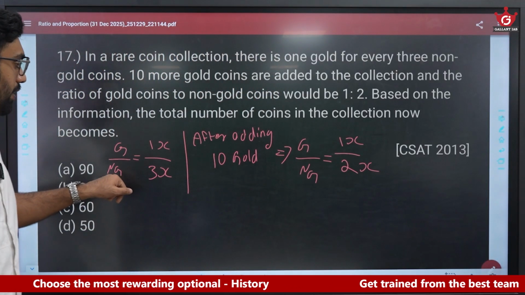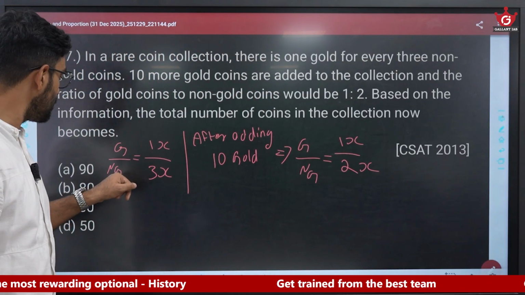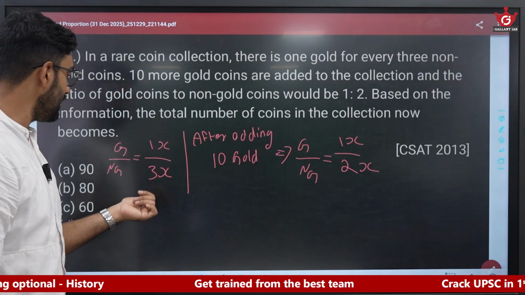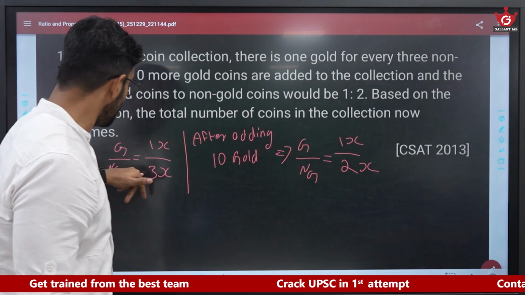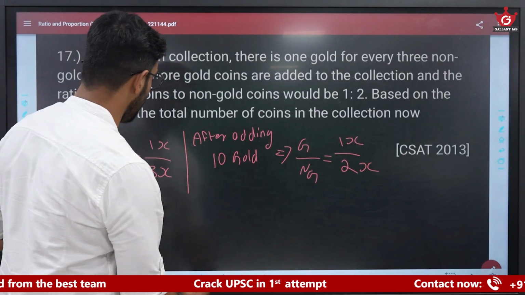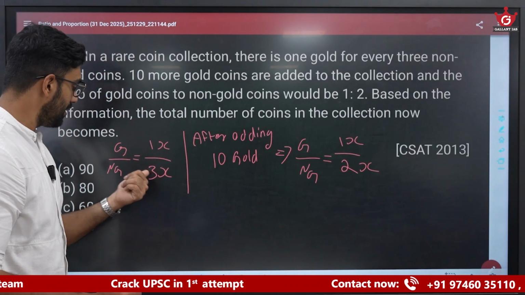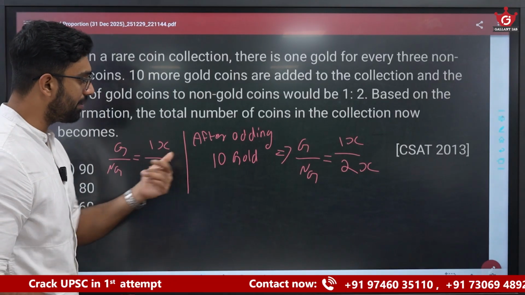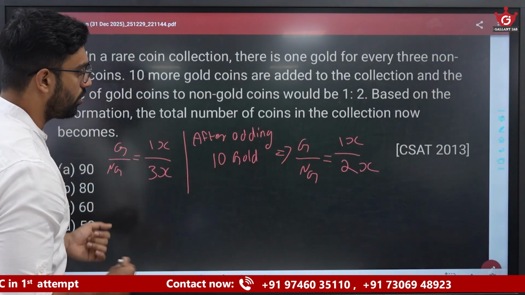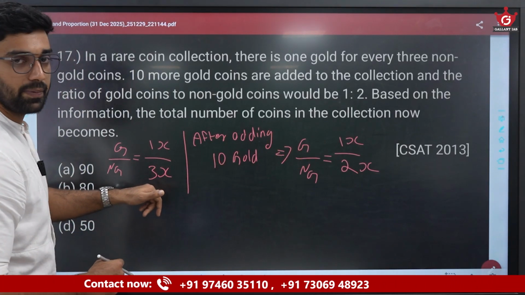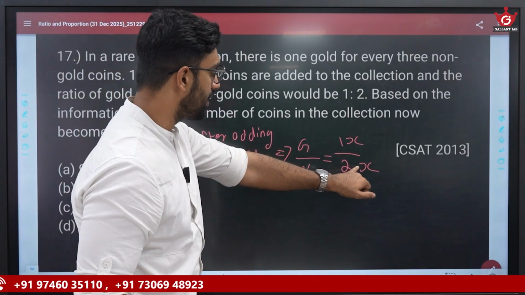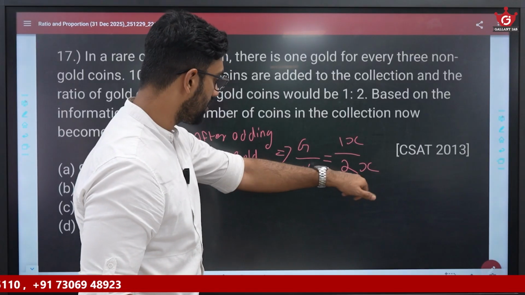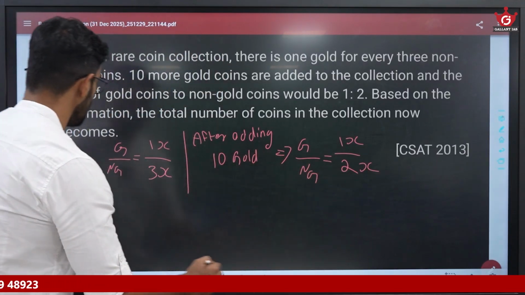Now we know that the number of non-gold coins is not changed. So for that we are equating the non-gold coins. We are making the denominator, that is the ratio of the non-gold, equal. So I am multiplying with 2 here and with 3 here to make the ratio of the NG equal.